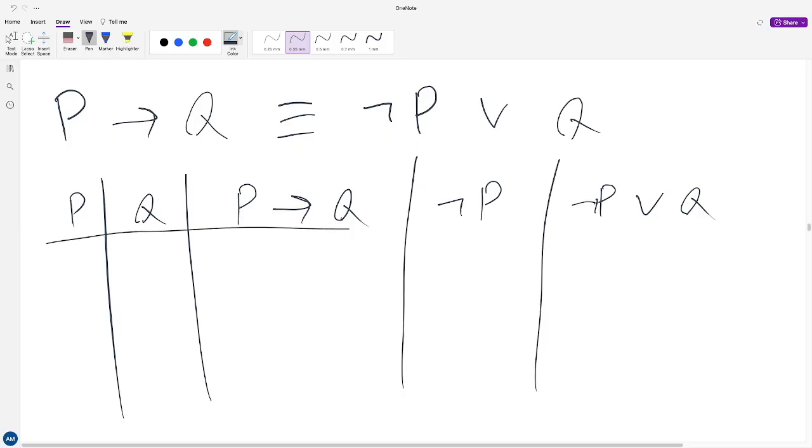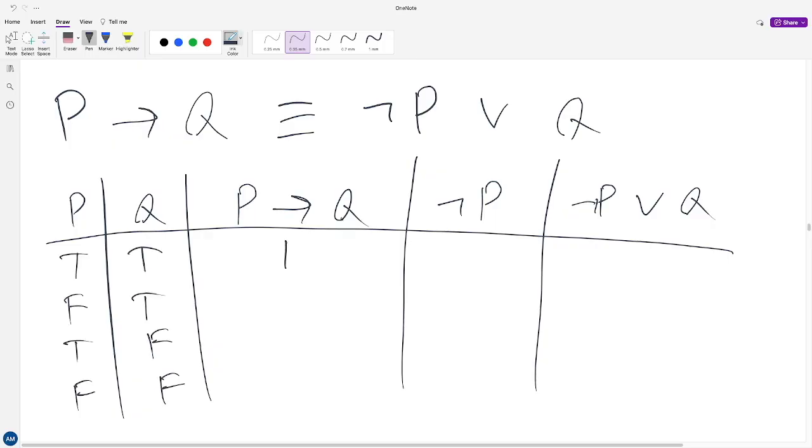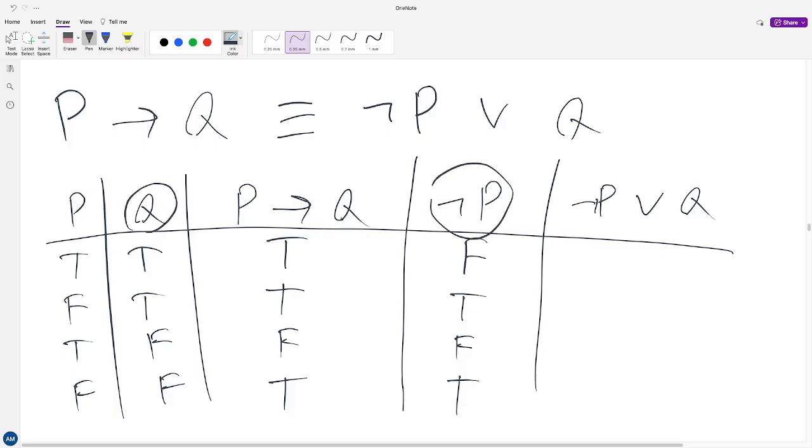So we have 4 combinations: true, true, false, false for P, and true, false, true, false for Q. Then not P or Q is true if and only if one of not P or Q is true.